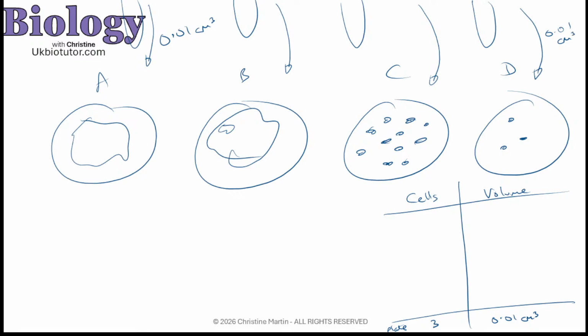Okay. So now what I want to do is I want to put that back up into the test tube of D. So to get it back, I had 10 centimeters cubed in my test tube. So how do I get back to 10 centimeters cubed? I had to divide it by 100.